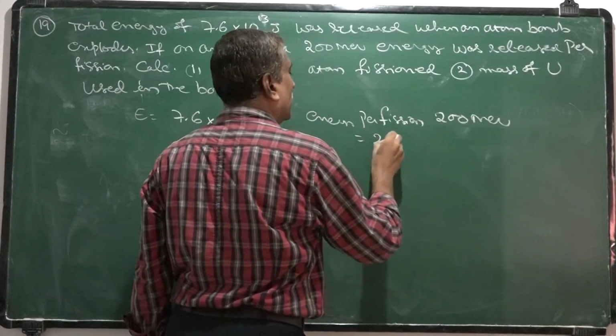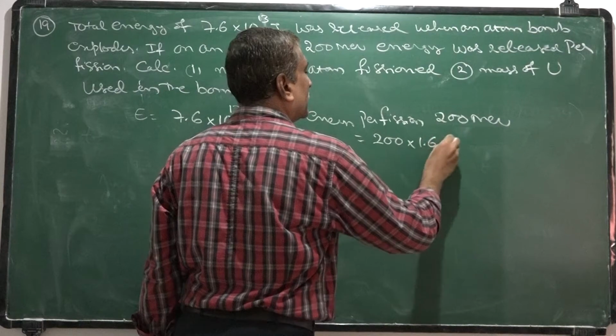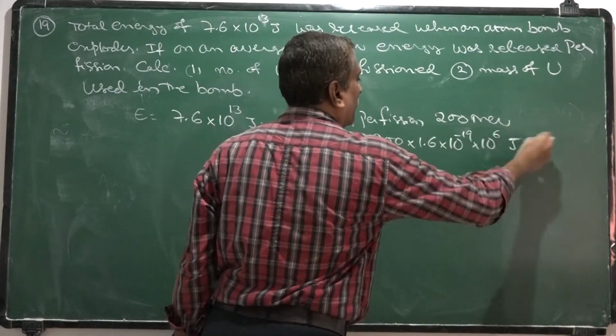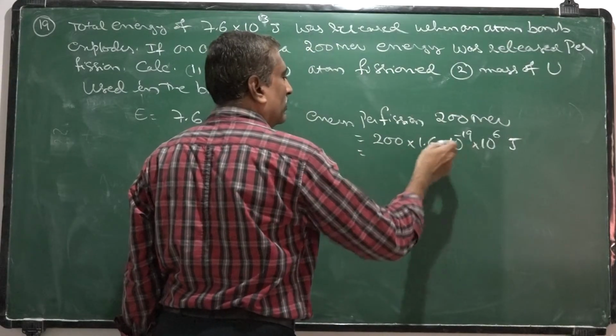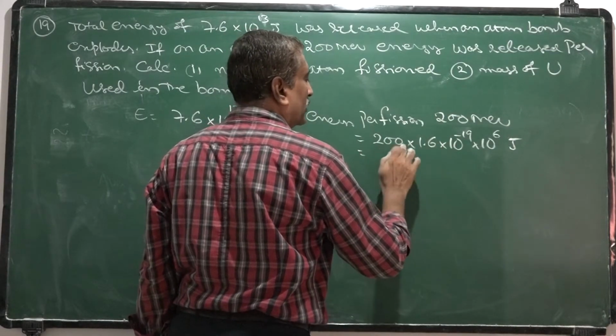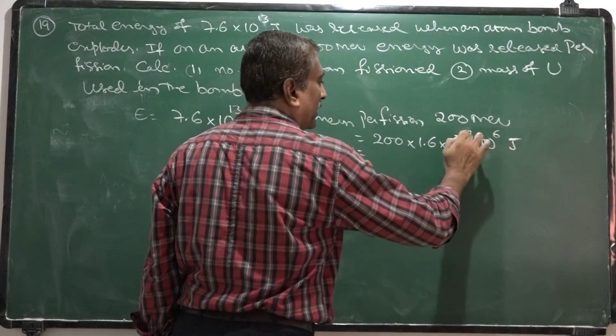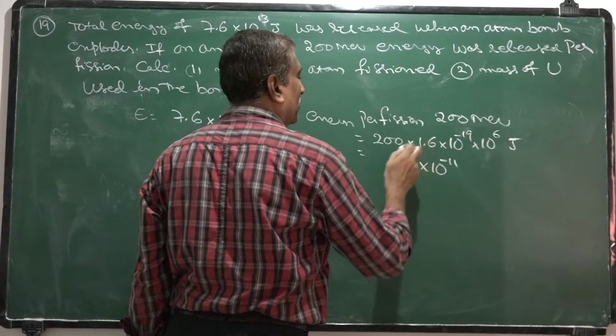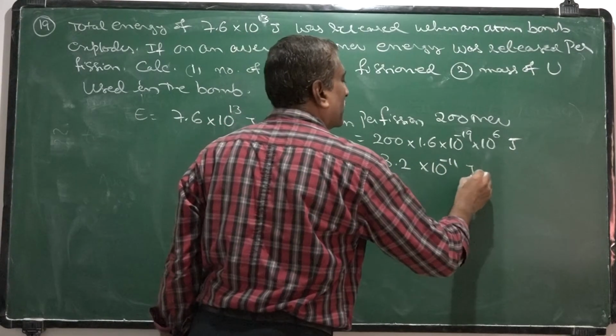That is 200 into 1.6 10 to the power minus 19 into 10 to the power 6 joule. That is, if you simplify it, this is 2 and this is 6, total 8. That means 10 power minus 11 into 3.2 joules.